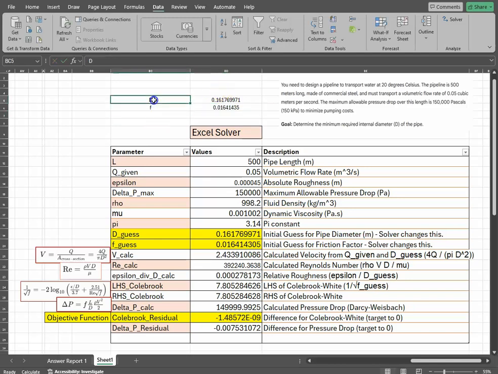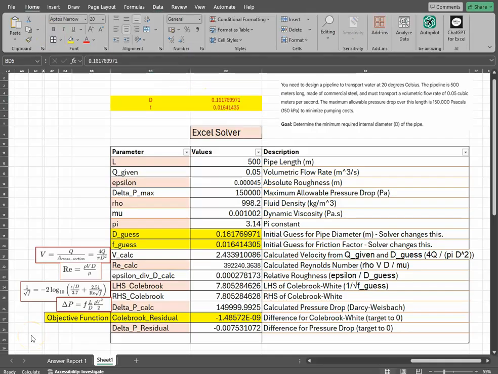So that is our solution. Now you got the result. So D is 0.161769971 and friction factor 0.01641435. So in this problem, the goal is to determine the minimum required internal diameter of the pipe, so that is 0.161769971.